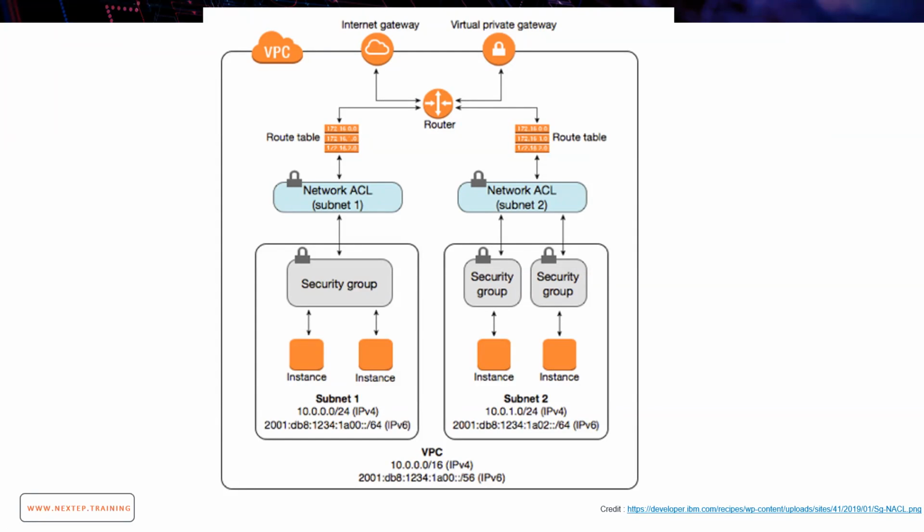That is your virtual private gateway. So when you're establishing a VPN between both the data centers, you will set up your virtual private gateway. And that is why I was saying, to your VPC, there could be two entry points: one is your internet gateway or your virtual private gateway. It can go through either of them.